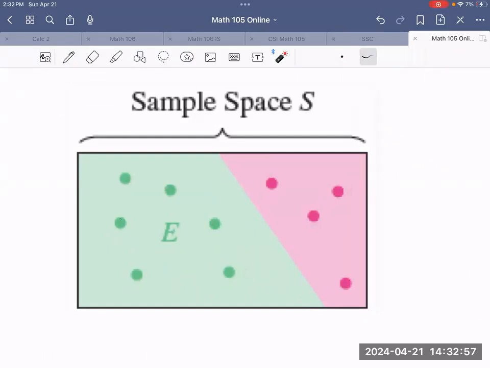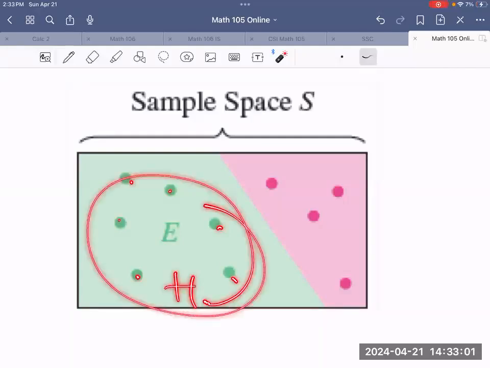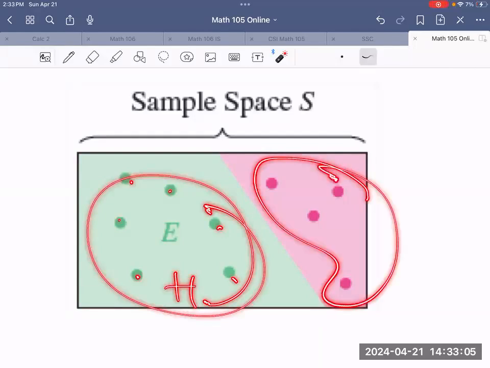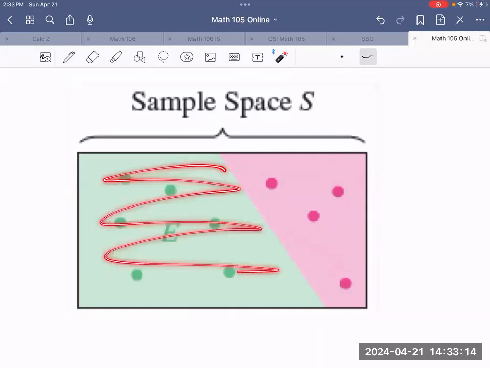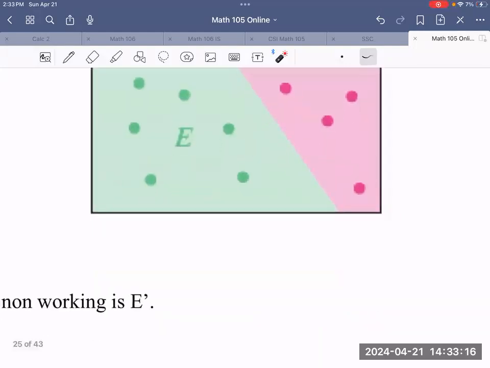So of those 10, heads came up 6 out of the 10 times, which means the remaining 4 observed were tails. Again, we don't have context to this problem. It's just bringing meaning to what this is. The event is what we're going to be hoping to come out. So E is considered favorable.